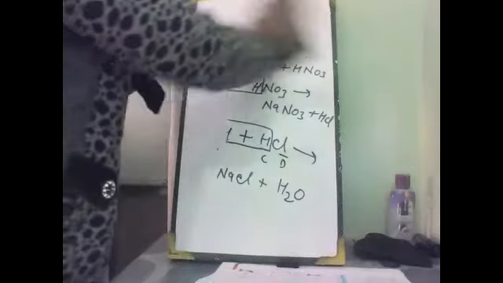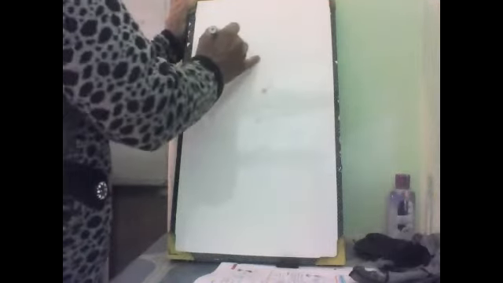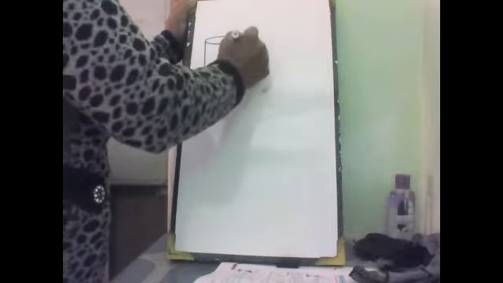What do we observe and how can we say that the displacement reaction is taking place? Here is an example. Sodium chloride solution is in a beaker.